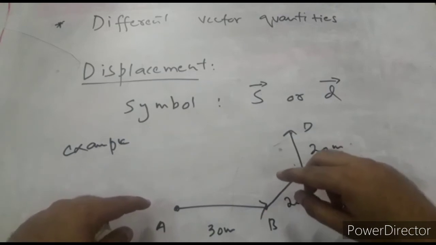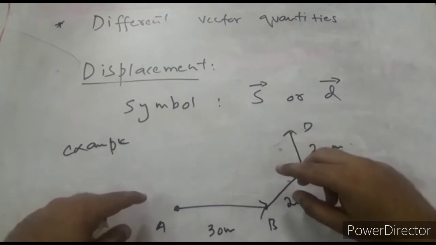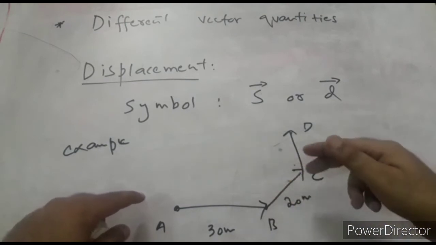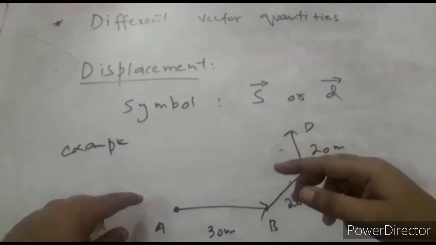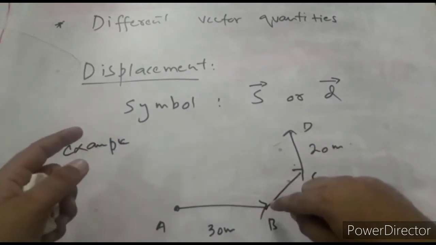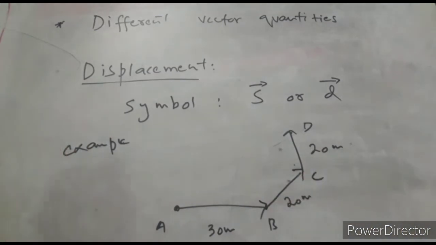In the case of force, we can apply force in different directions, and the starting point can be different. But for the displacement, we have to start the second vector from where the first vector ends. Okay, so displacement is also a vector quantity. Now we move on to the next topic for today.